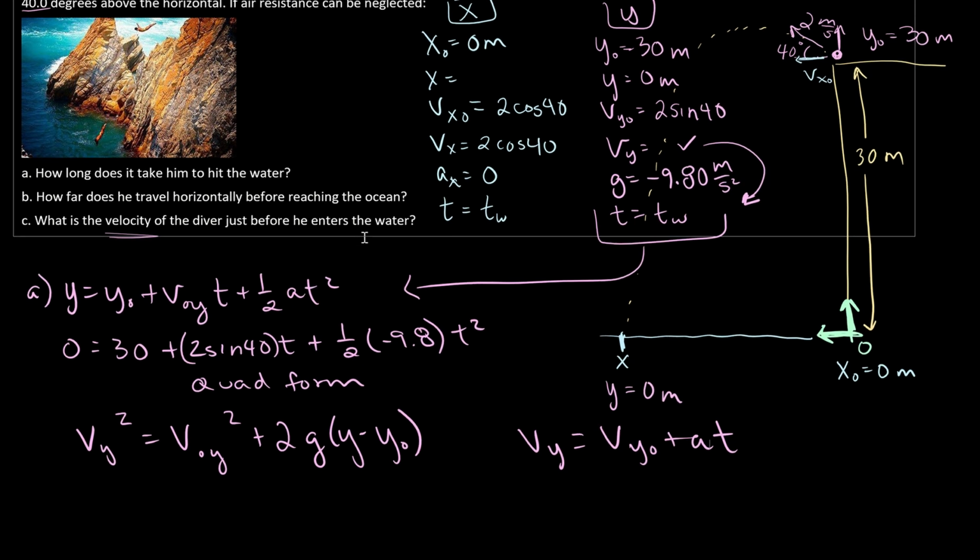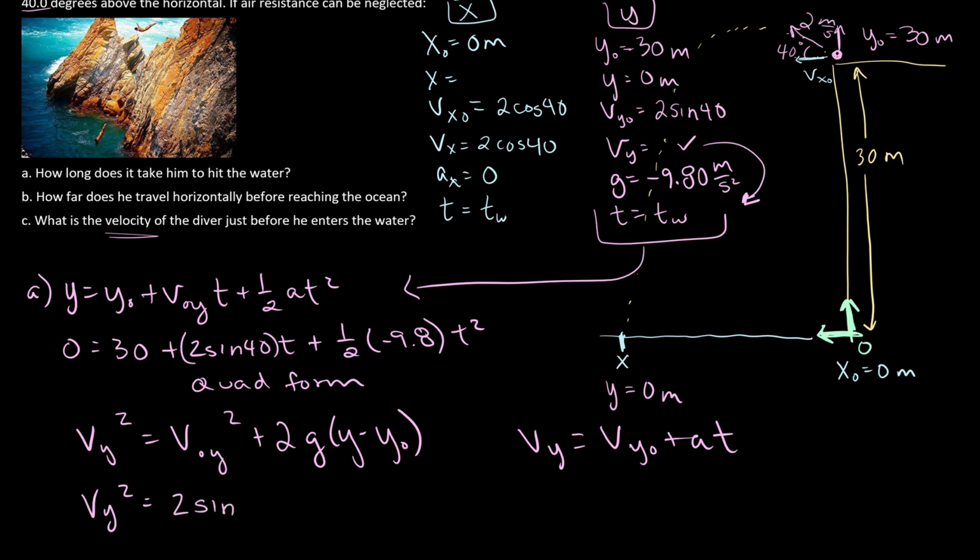So plugging in my numbers here, Vy squared equals, my v naught y is 2 sine 40, we must square it, plus 2 times negative 9.8 times my final y, which is 0, minus my initial y, which was 30.